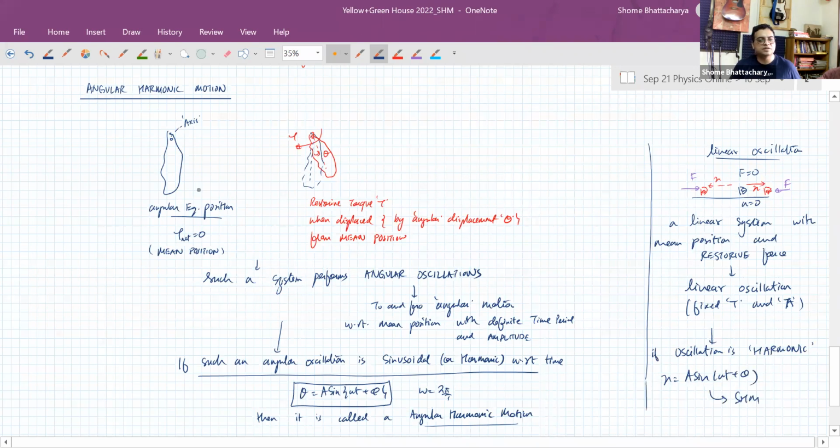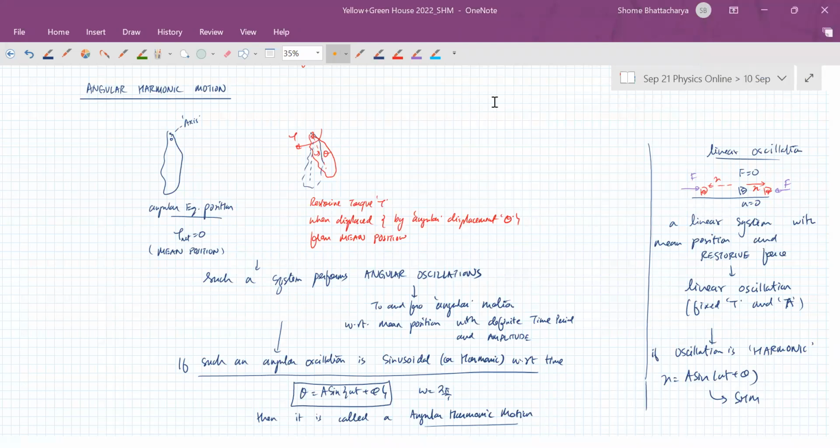So like that now, if we have an angular system such that it has a mean position where the net torque is zero, but the moment we displace it from that mean position, we get some restorative torque, then such a system is capable of oscillating angularly, with an angular amplitude, an angular displacement with respect to the mean position. They have fixed time period and amplitude.